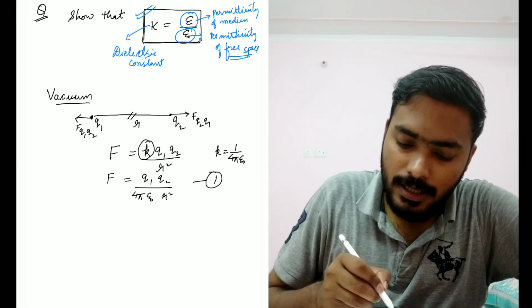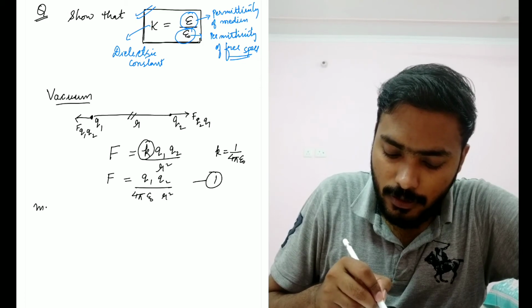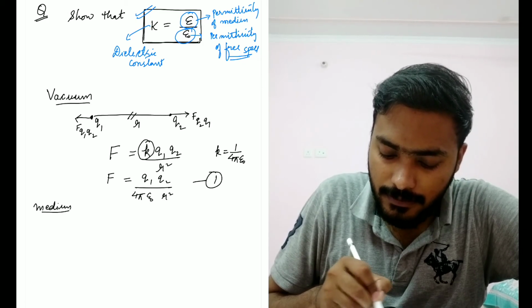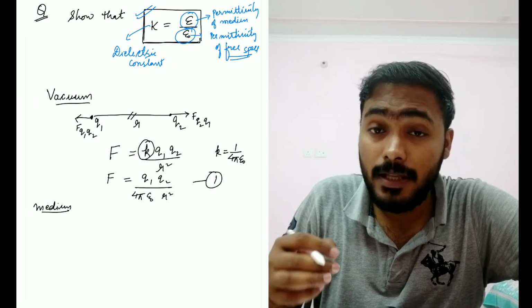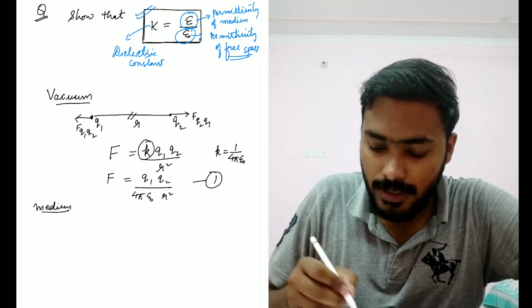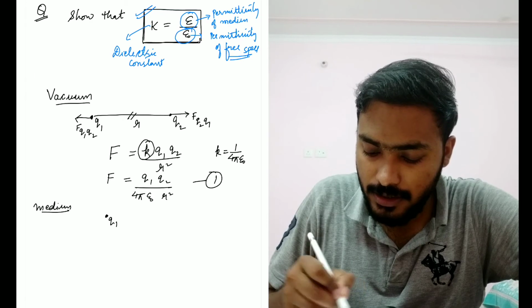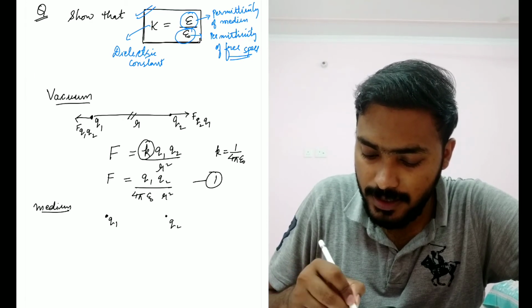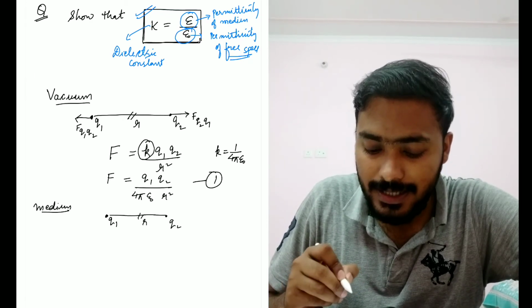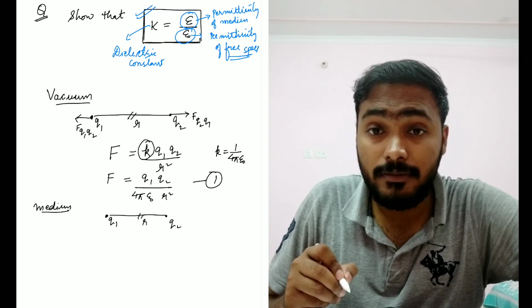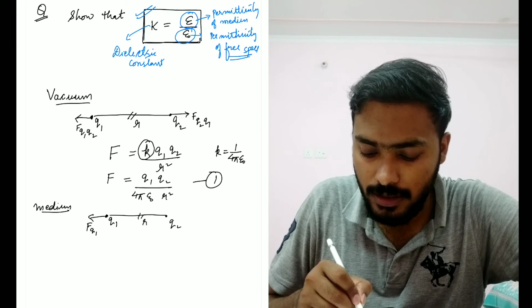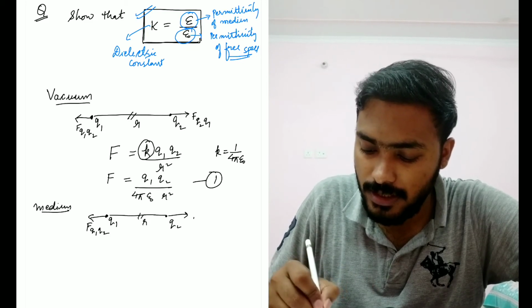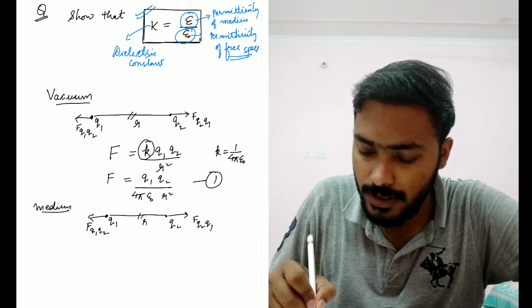Very similarly, let's talk about any medium. Instead of the same charges we are talking about, they are separated by the same distance, but this time I have a medium in between, right? So let's say I have the same charges q1 and q2, separated by the same distance r, but instead of vacuum I have a medium this time. Again, force of interaction on q1 because of q2, force of interaction on q2 because of q1, right?